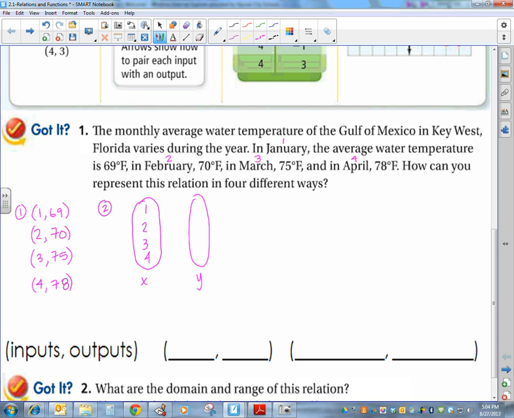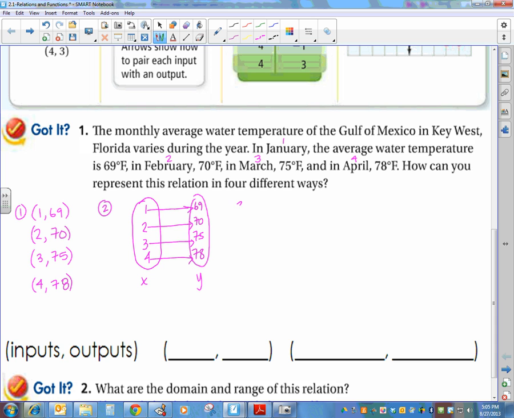I go from 69, 70, 75, 78, and then you draw an arrow to show what number goes with what. It just so happens these are in the same order, so we get to draw just straight across. The arrows show how to pair each input with an output.